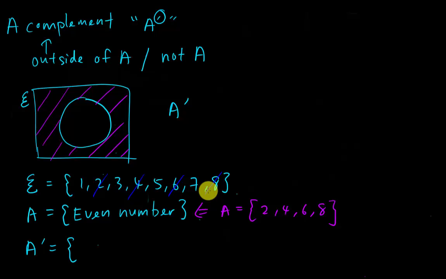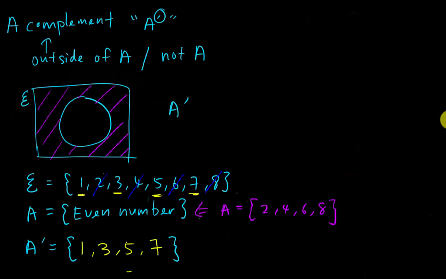So all the things left there are not A: we have 1, 3, 5, and 7. This is how we do A and not A. So you will need to understand the meaning of complement. Alright, if you understand complement, let me move on a little further to explain something else.